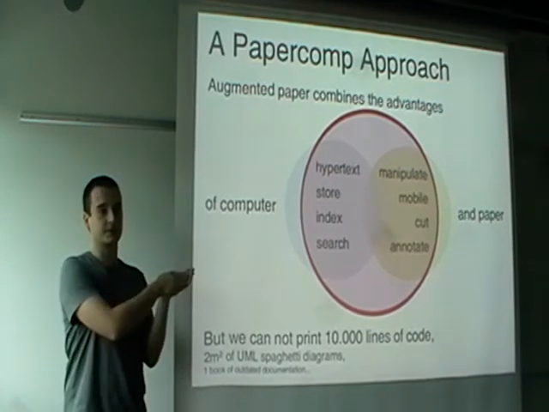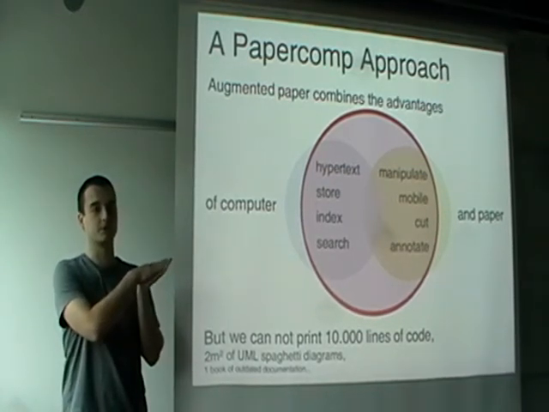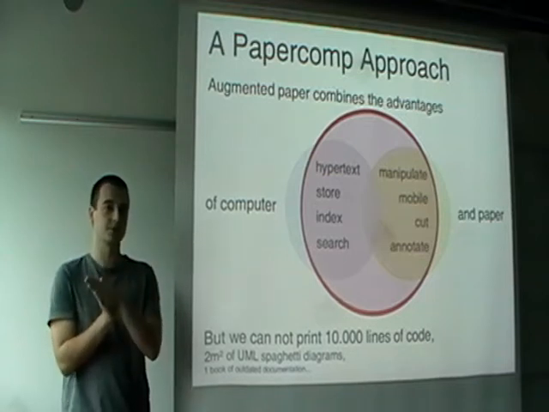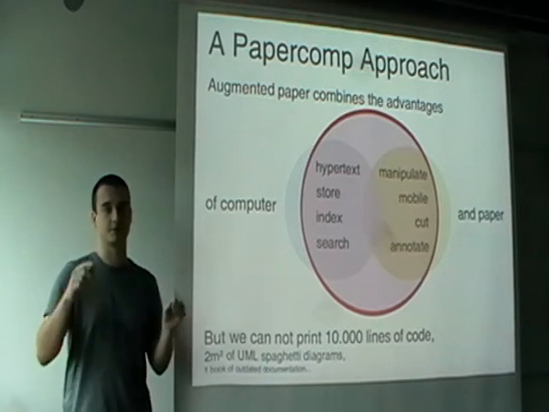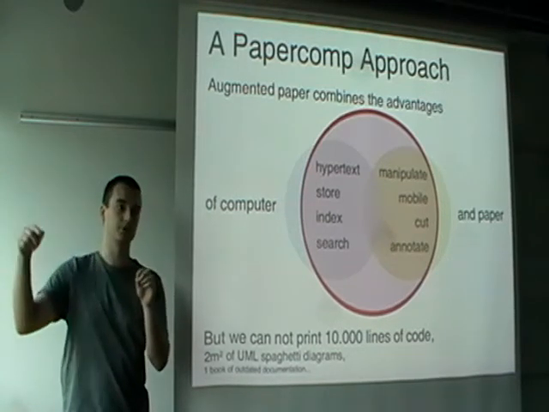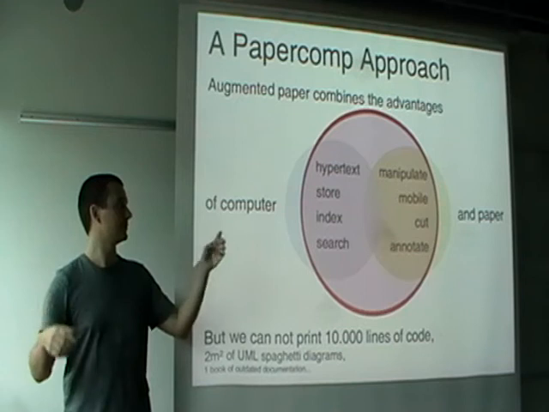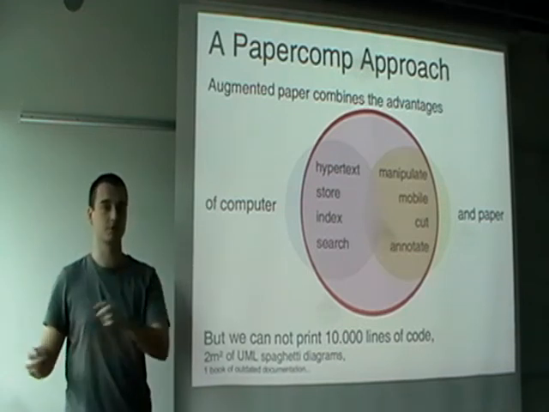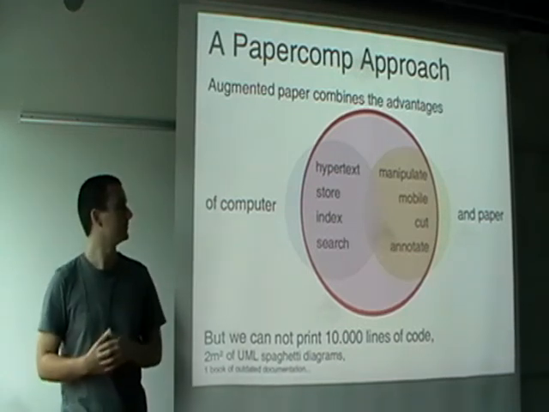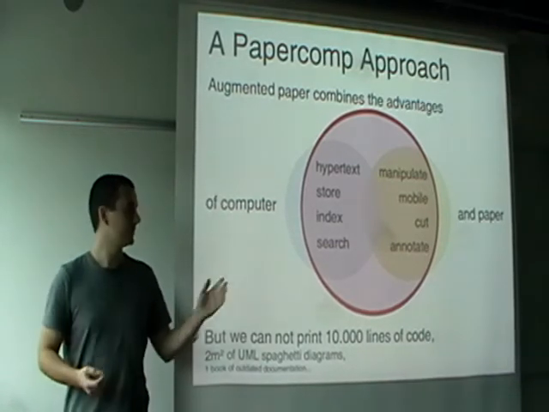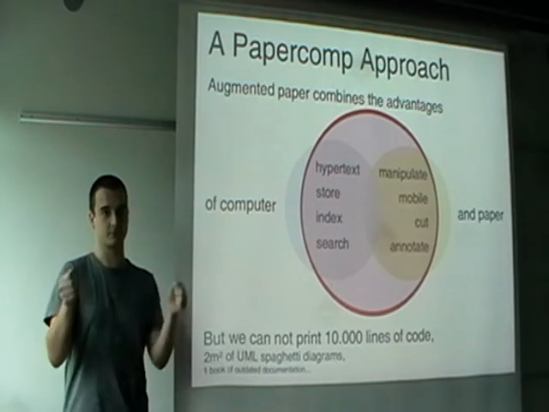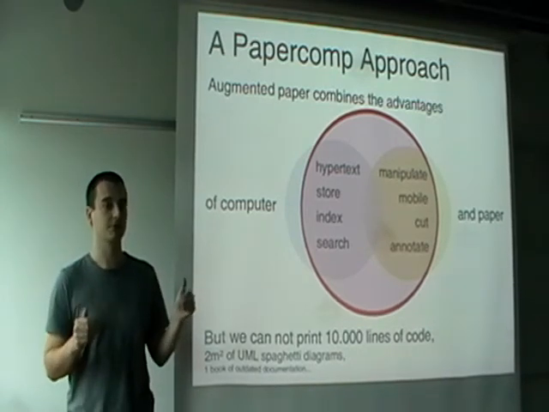Because we are not really ready to give up the advantages that an integrated development environment would give, like hypertext, for example, when you click on a function and you go to a definition, or you see the documentation, or when you search something, or when you want to browse classes, etc. But it still would be nice to have all these graspable advantages of paper.